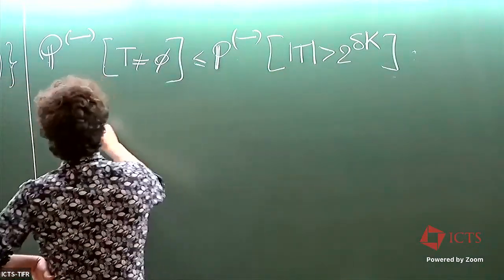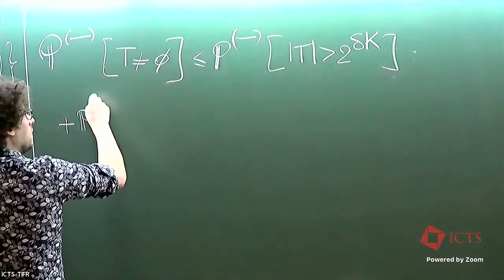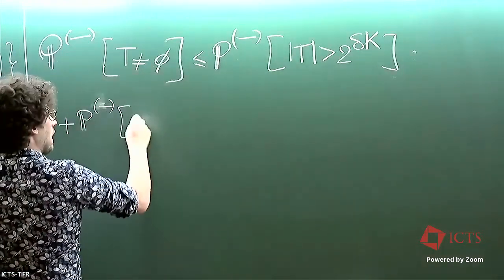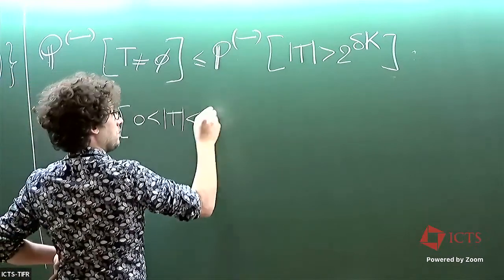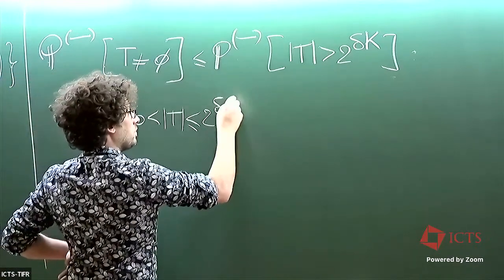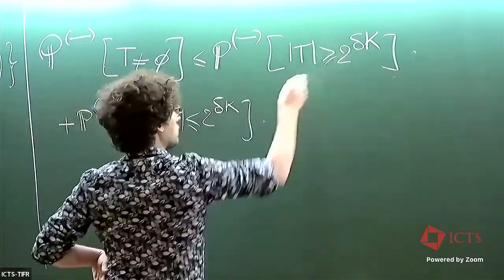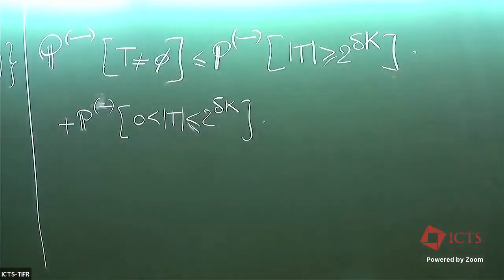Plus the probability that T has a cardinality which is between 0 and 2 to the delta K.